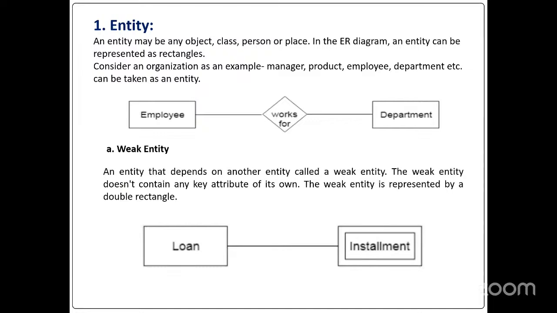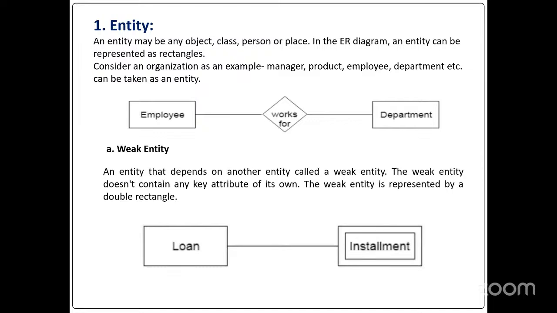Next, what is meant by weak entity? An entity which is dependent on another entity is called a weak entity. Don't get confused about derived, descriptive and weak entity. What is derived attribute? It is derived from another attribute. Relationship also has attributes, called descriptive attributes.